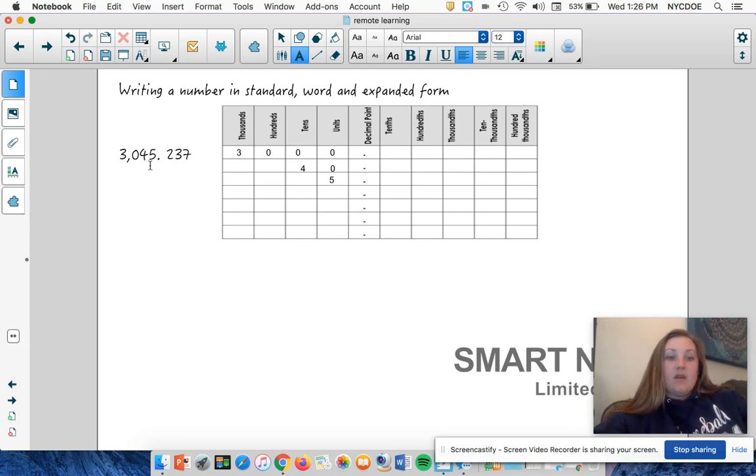Now, when we look at my decimal point, I have 3 digits here. I have a 2, a 3, and a 7. Okay? So I have 2 tenths. Sorry, I made a mistake. Scratch that. I have 3 hundredths.